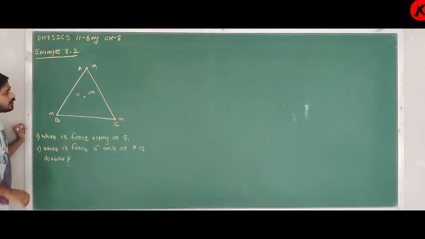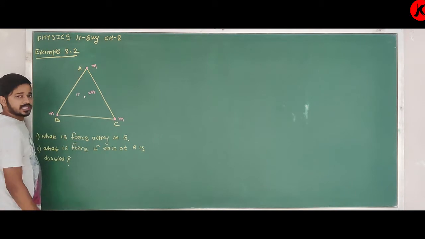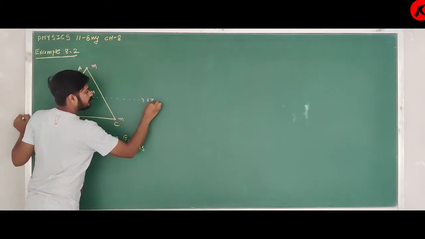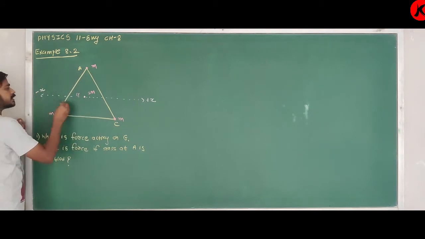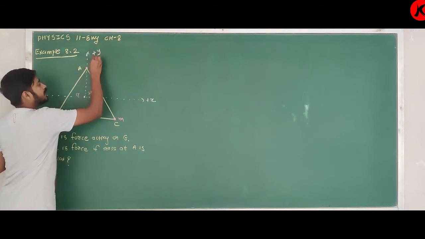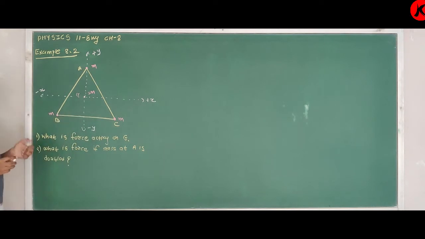First of all, we will assume a Cartesian coordinate system. I am assuming a coordinate system such that G is at the origin. This becomes the positive x direction, this the negative x direction, this the positive y direction, and this the negative y direction.